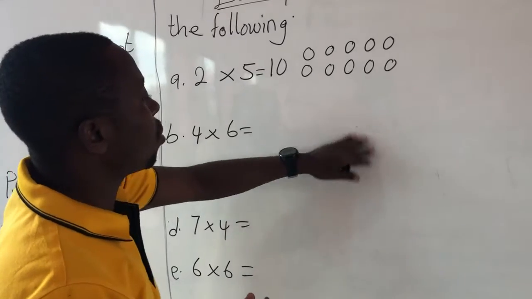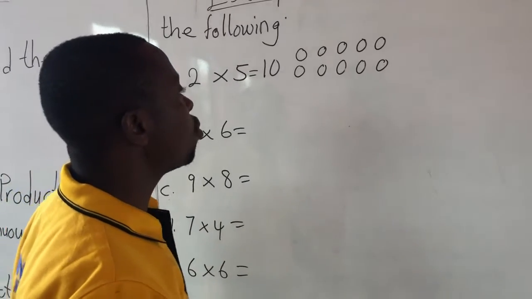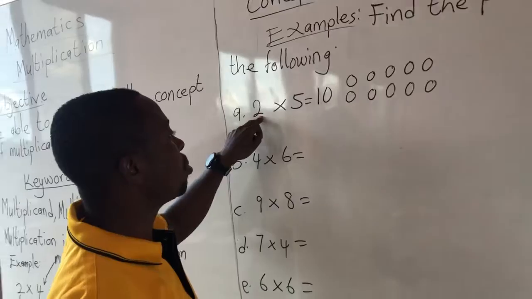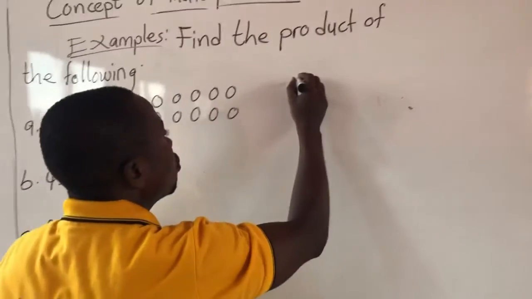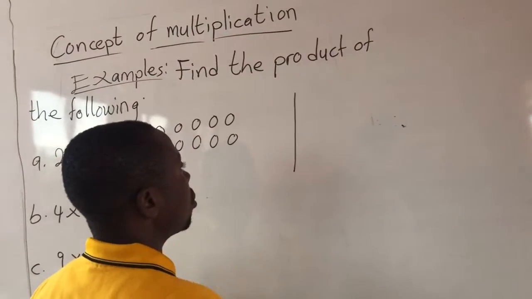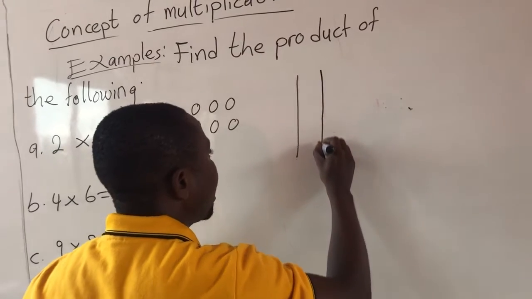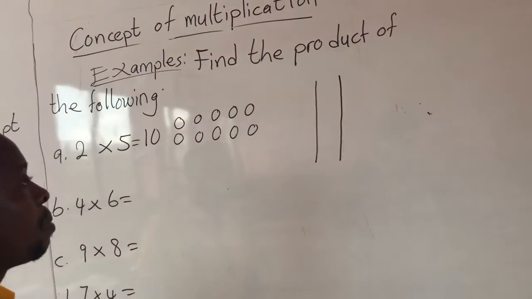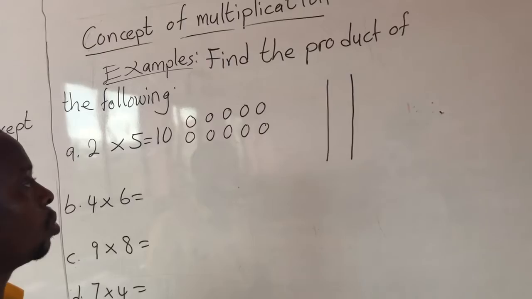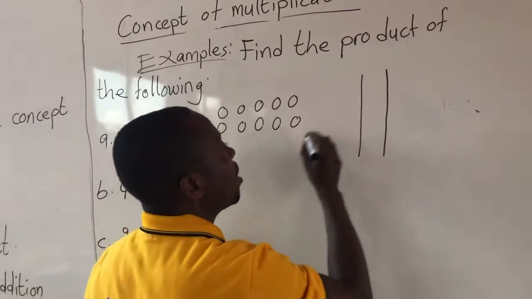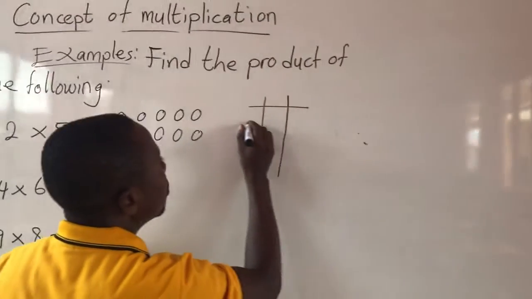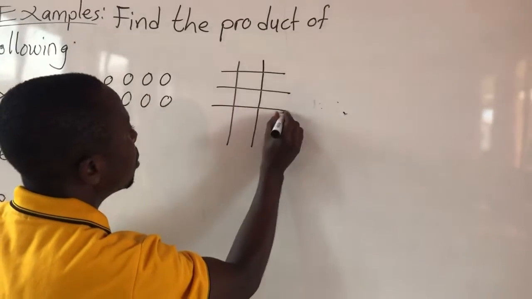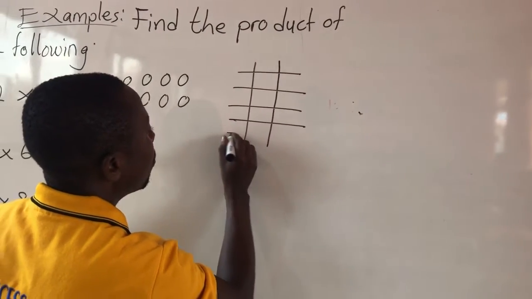In the same way, to understand the concept of multiplication, we are now multiplying 2 by 5. You draw your 2 lines like this, as if using straws. That is your multiplicand, which is 2. Now the multiplier is 5, so we have 1, 2, 3, 4, 5.